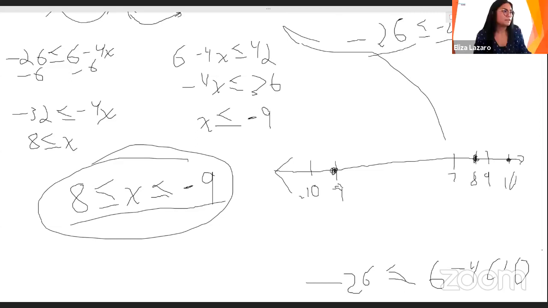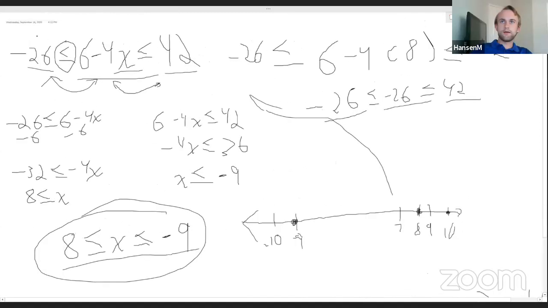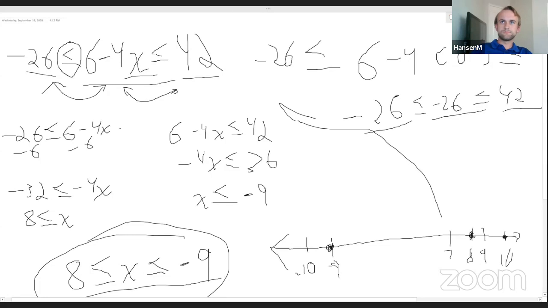Can you scroll up, Matt, back to what the problem originally was? Oh, I think you would have to flip the sign because 8 isn't less than negative 9 in your solution.